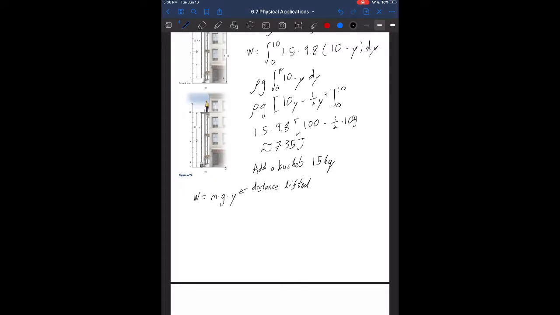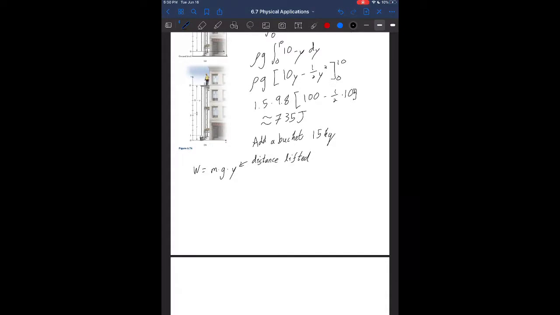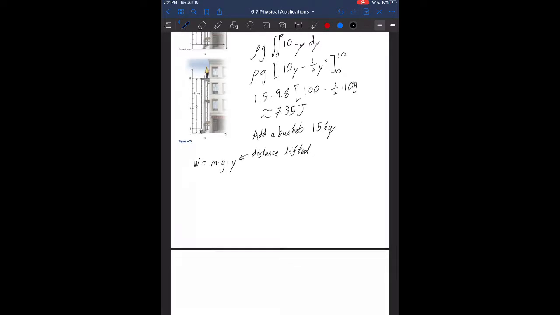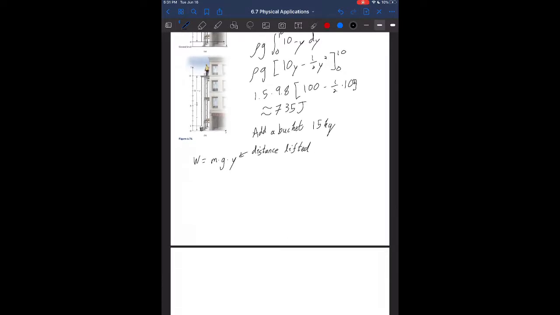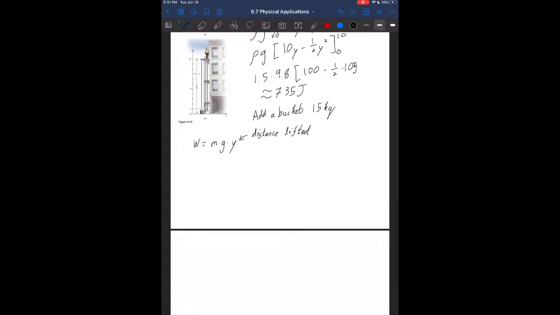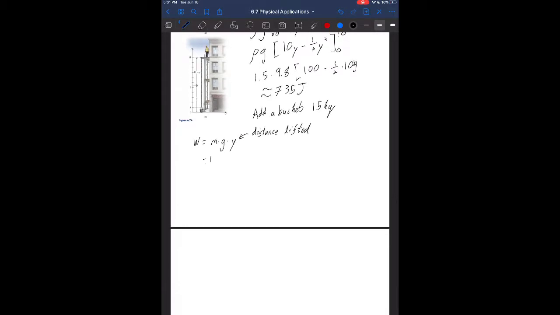This bucket isn't changing over time, so we don't need to use integrals to figure out how much work it takes for the bucket to be lifted, just disregarding the chain at this point. So the amount of work is going to be 15 times 9.8 times 11, which is approximately 617 joules.